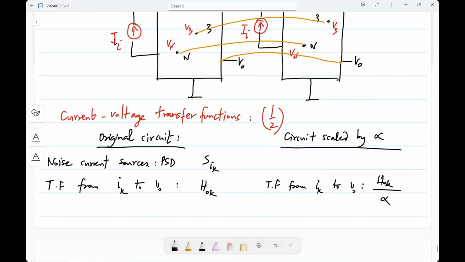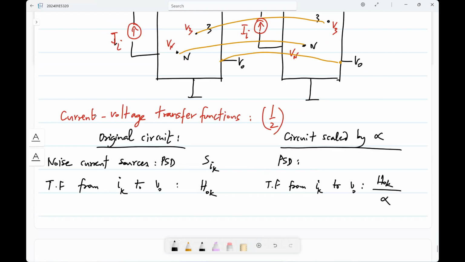When I say circuit scaled by alpha, I mean that the admittances are multiplied by alpha. That is, capacitance becomes alpha times C and so on. Okay. What is the power spectral density of the noise current sources? When you connect multiple circuits in parallel, again, you can just think of two in parallel and then extrapolate from there.